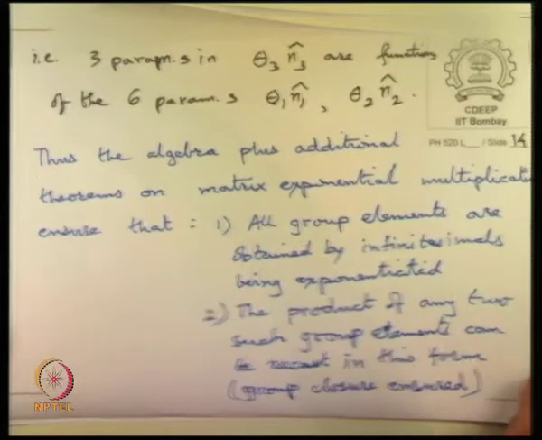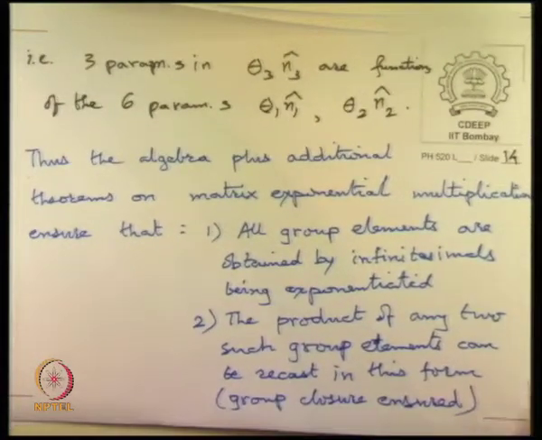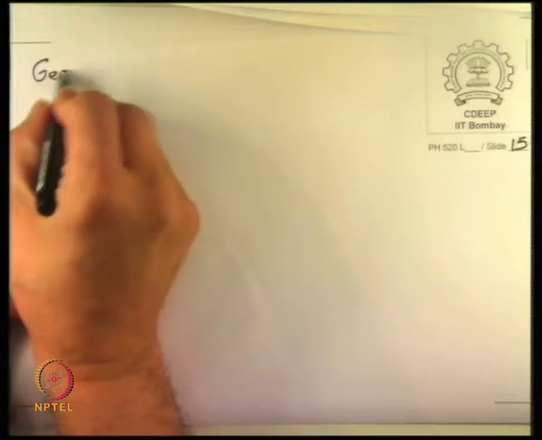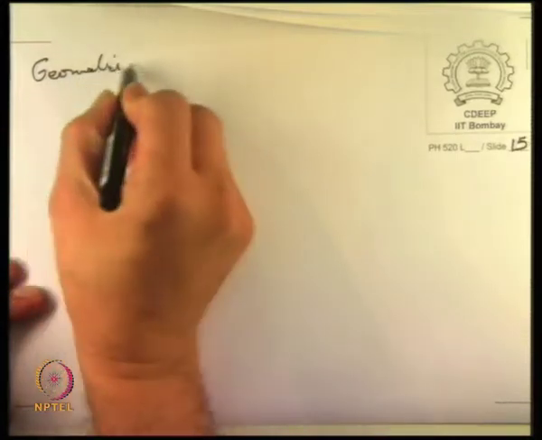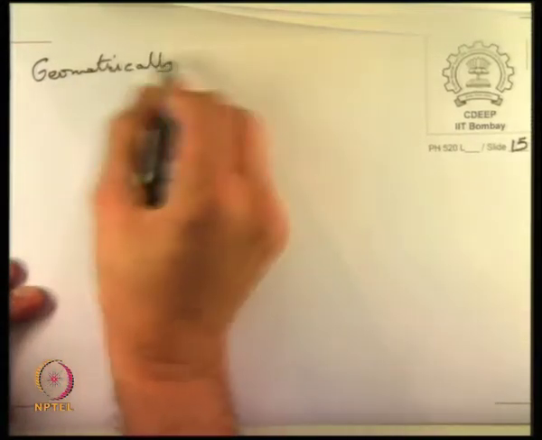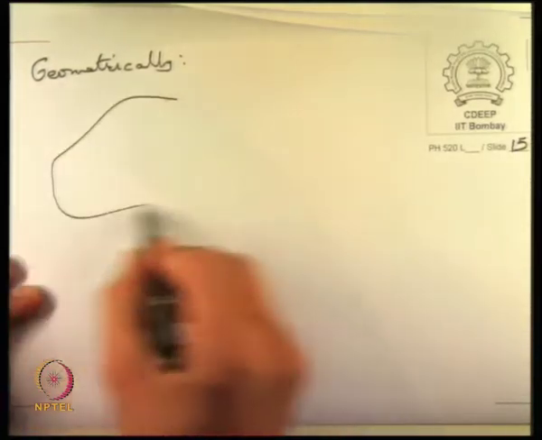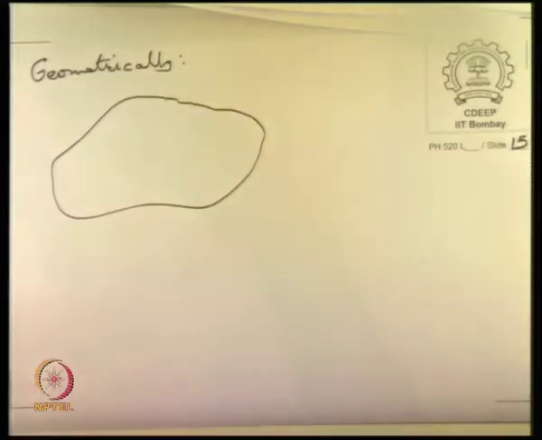Good. So we have covered quite a bit of the ground. I could add a little bit in terms of geometry of this. Think of the group manifold, all the points in the group.